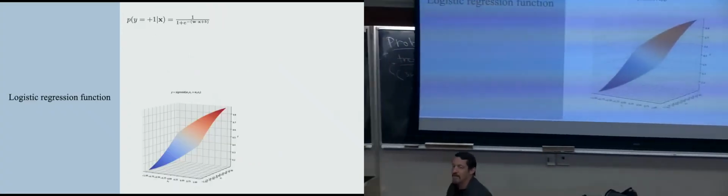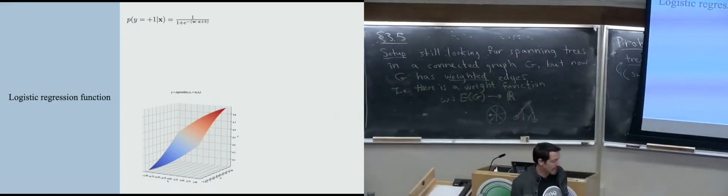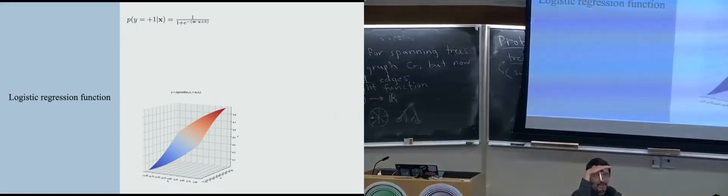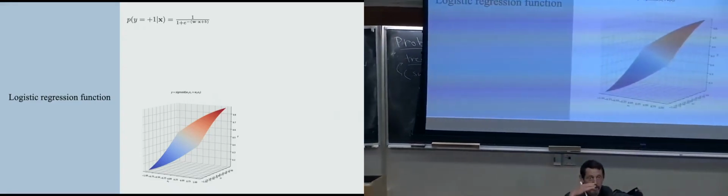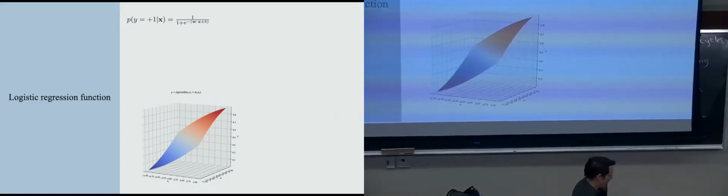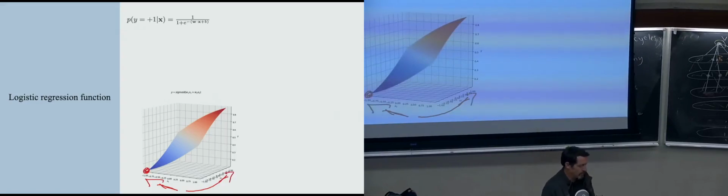So maybe let's do another graphical interpretation to help you with it. This is my multiple dimension sigmoid. It's that logistic function generalized into higher dimensionality. As I change my x values, I'm going to go from very low probability of positive class over here to a very high probability.